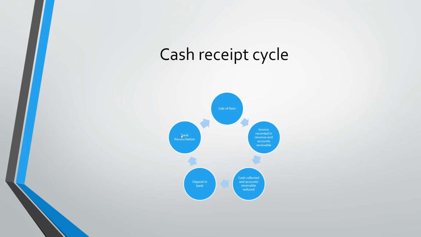That's why it's an important step in this cycle. Your staff is going to be depositing the money in the bank, and then you need to make sure the bank reconciliation is done, reviewed and monitored. In session 1 of Module 3, we'll go over how to review a bank reconciliation.